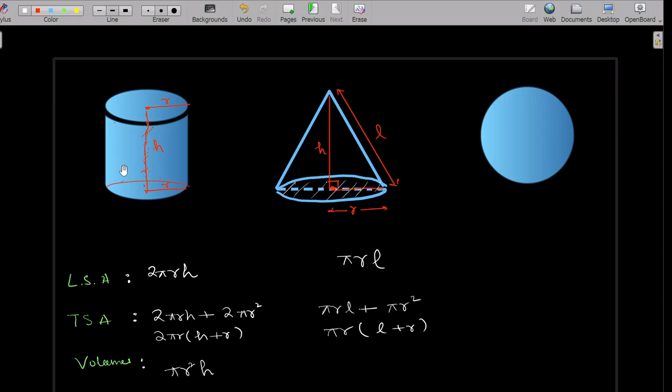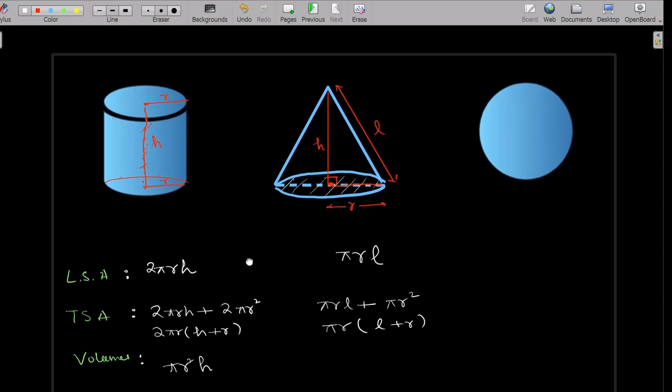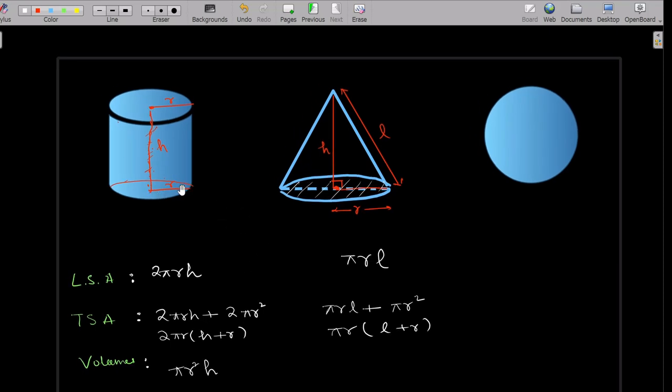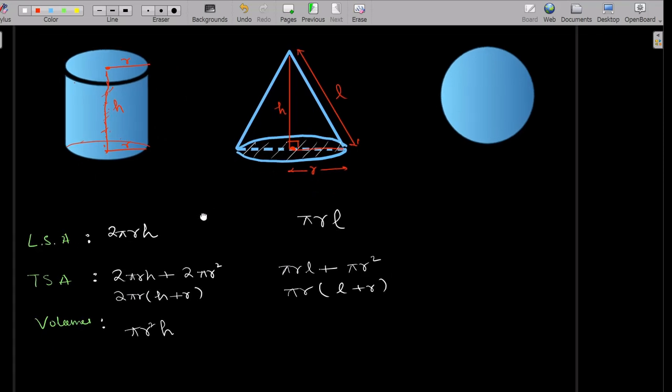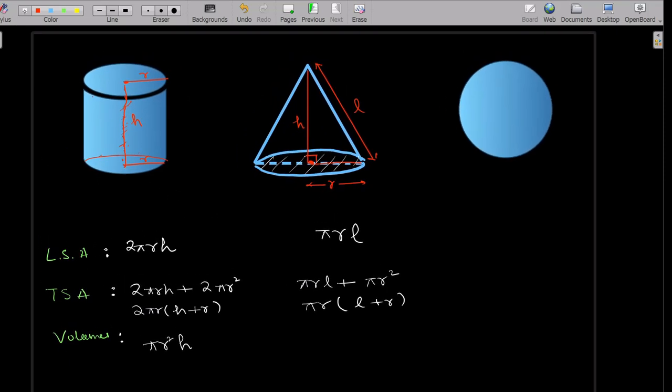So you will be able to do it three times, given that the radius and height of the cylinder and cone are same. That tells us that volume of a cone is one third of the volume of a cylinder. So the volume of cone is simply one third of pi r square h.